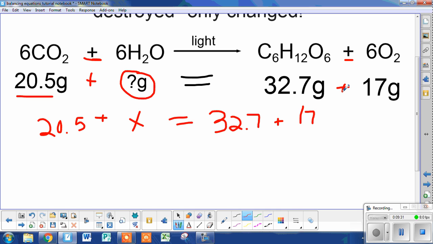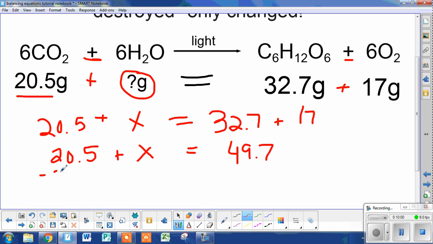Then you just work your order of operations. I'm going to work with 32.7 plus 17, and when I add those together, I get 49.7. That is equal to x plus 20.5. Remember, whenever we're solving for x, we want x by itself on one side. This is a positive 20.5, so the opposite of addition is subtraction.